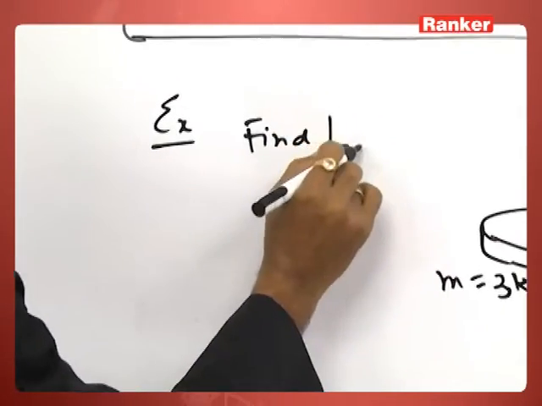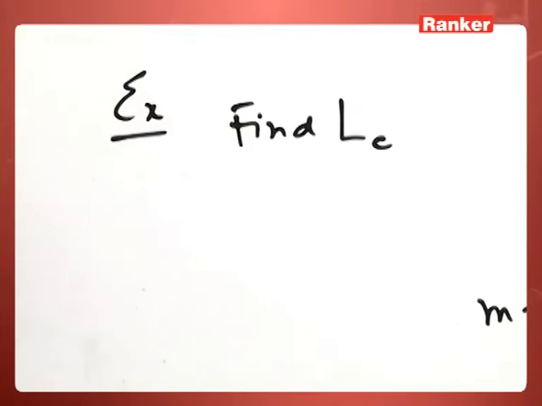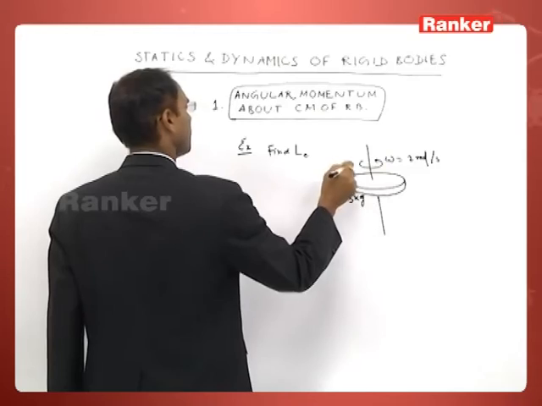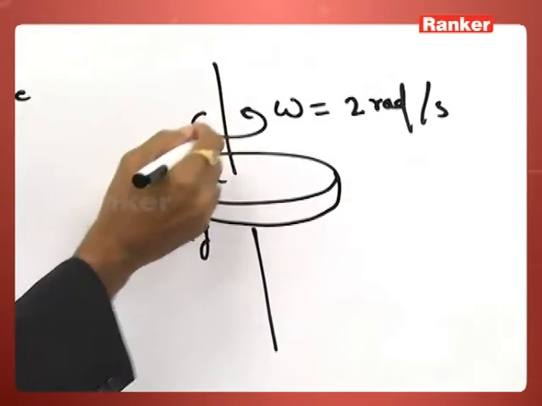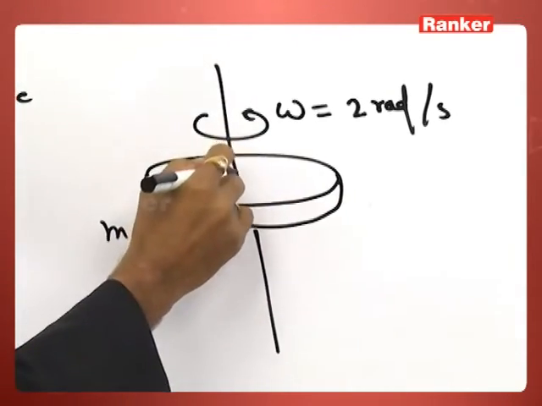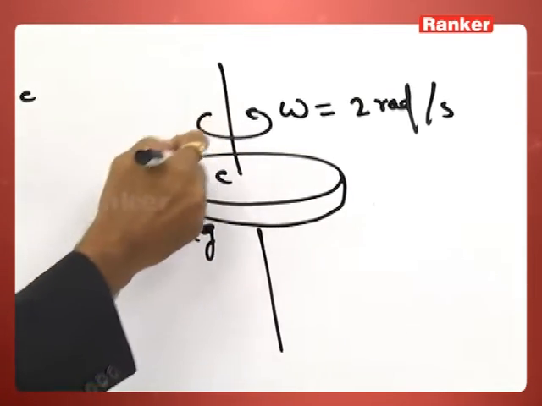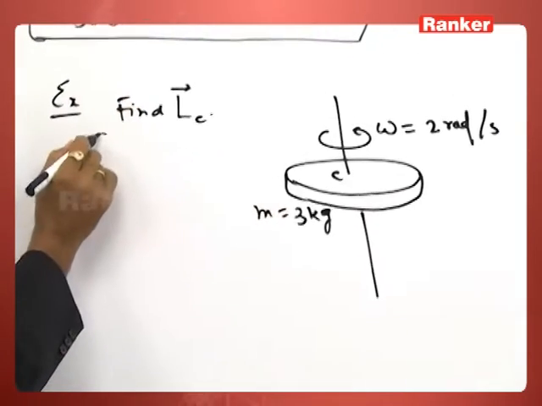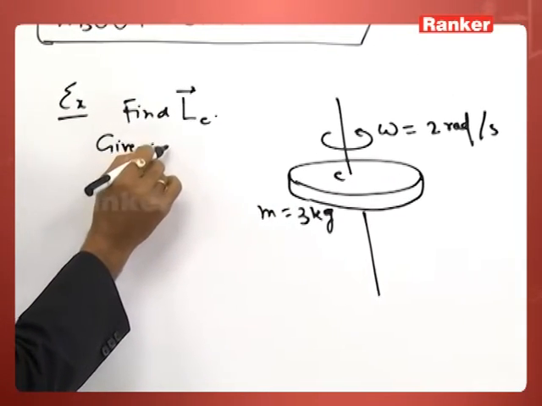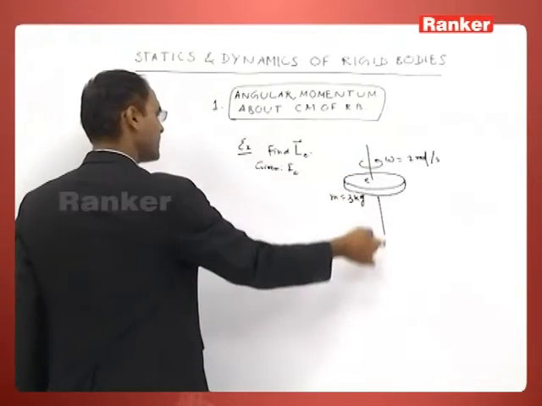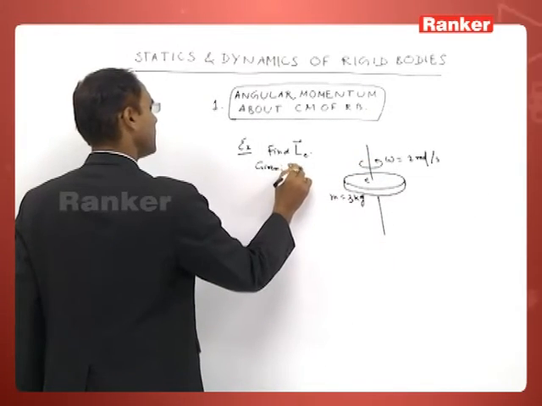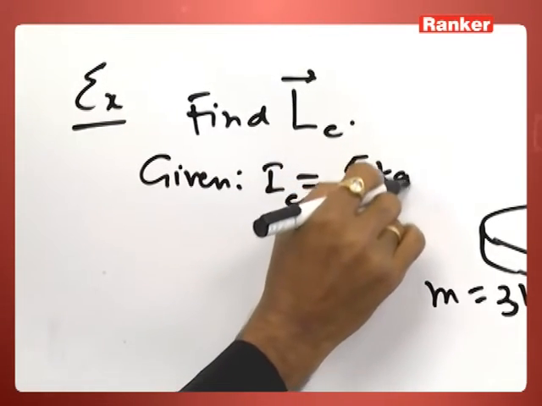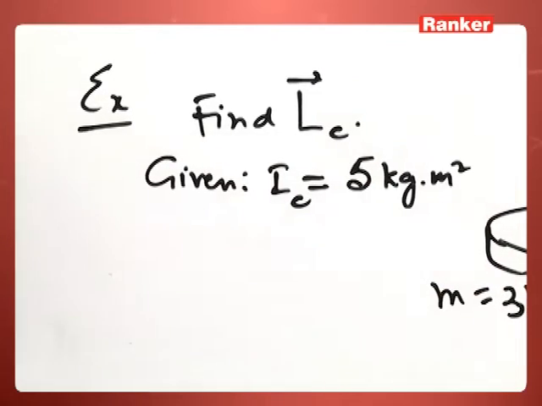Find the angular momentum of the disk about this axis which passes through the center of mass and is perpendicular to the plane of the disk, given that the moment of inertia about this axis is equal to 5 kg meter square.